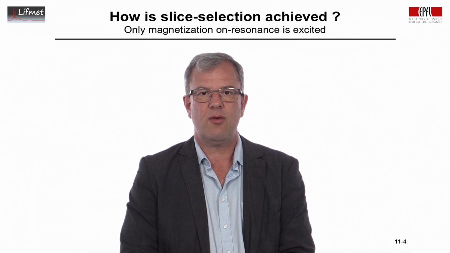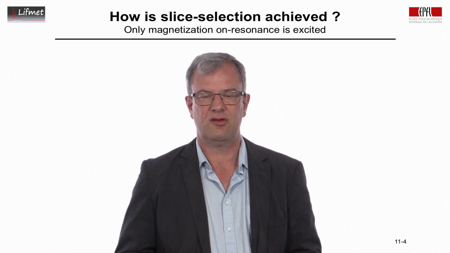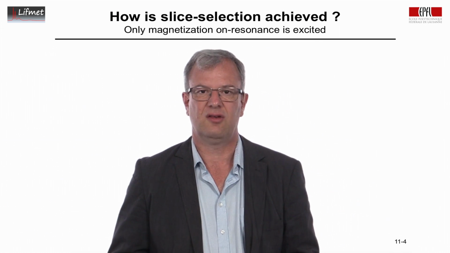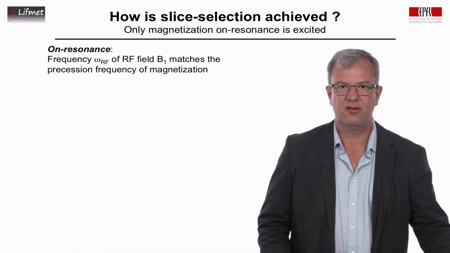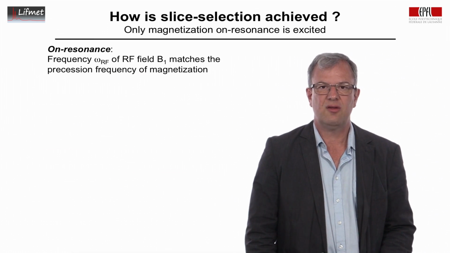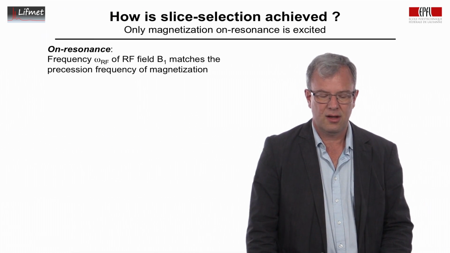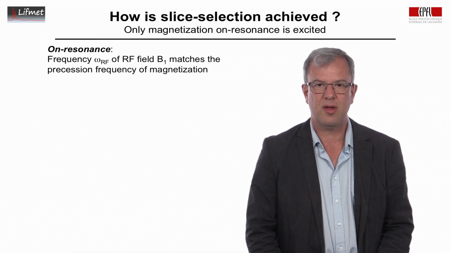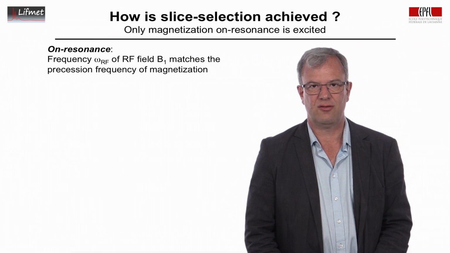Now, before going into how the image is reconstructed, I want to illustrate with a simple example how slice selection is achieved. We have seen in the previous two courses that the radio frequency field B1, which is applied at a frequency omega RF, is capable of exciting the magnetization into the transverse plane if omega RF matches the Larmor frequency of the precession of the magnetization.